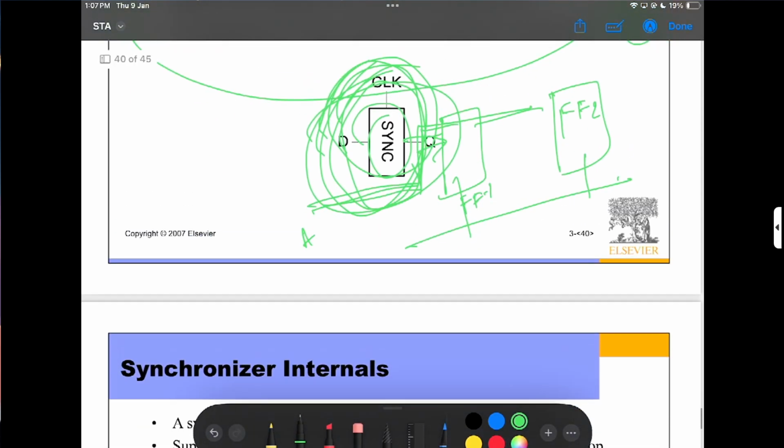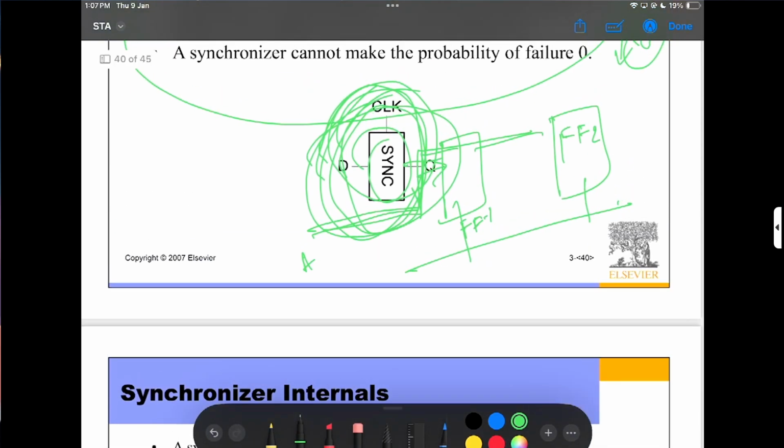Now what we did is add a synchronizer here, so that it stretches the clock, basically. My D input is changing, and my clock is here. What happens in this position? If we input D at a time when my clock has not come, then it will not go to metastability.